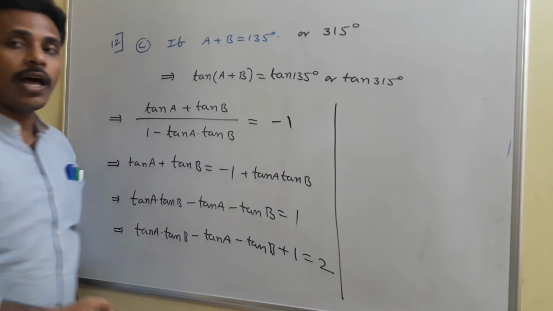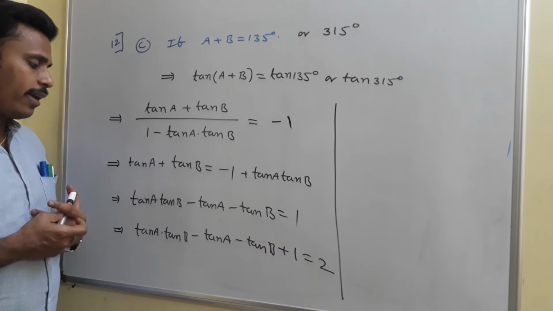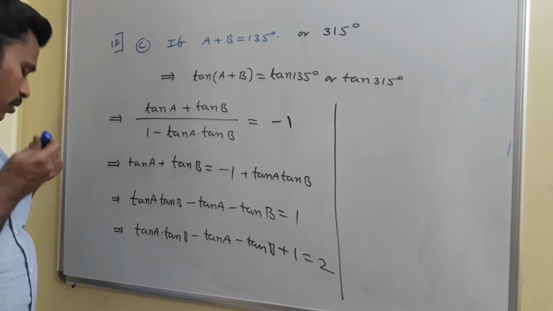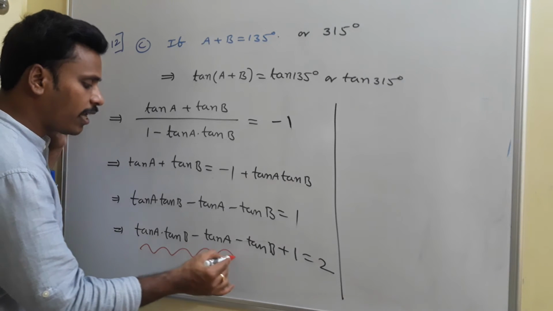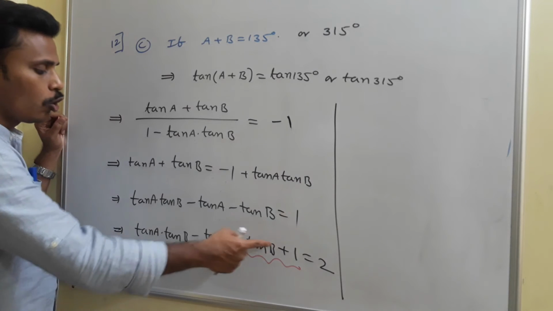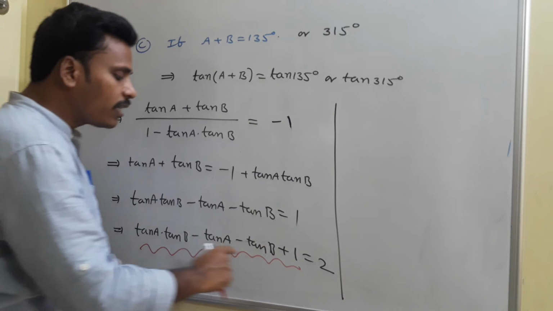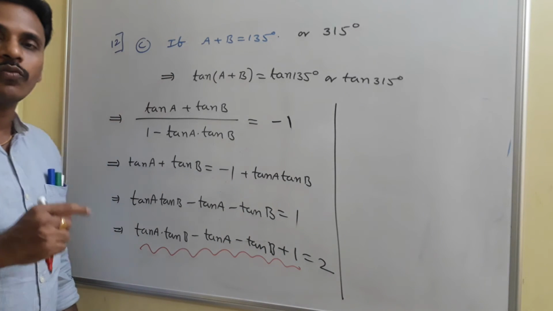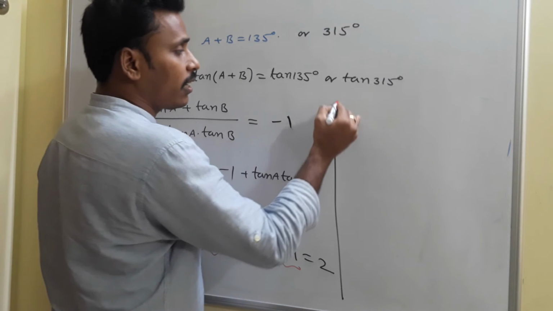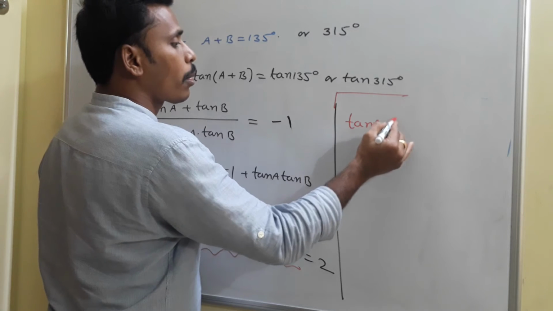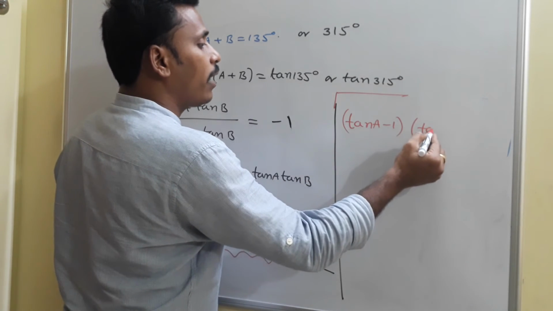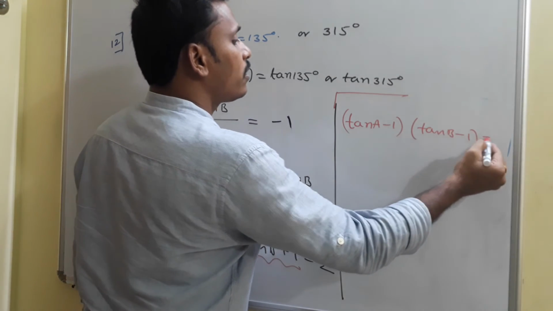Okay, and now it's time to look there. Pay your attention here. What do we have at the end? Tan a into tan b minus tan a minus tan b plus 1. Look at these 4 terms. Again there is a chance to factorize these 4 terms with the usual factorization technique, and from that factorization you will get tan a minus 1 into tan b minus 1 is equal to 2.